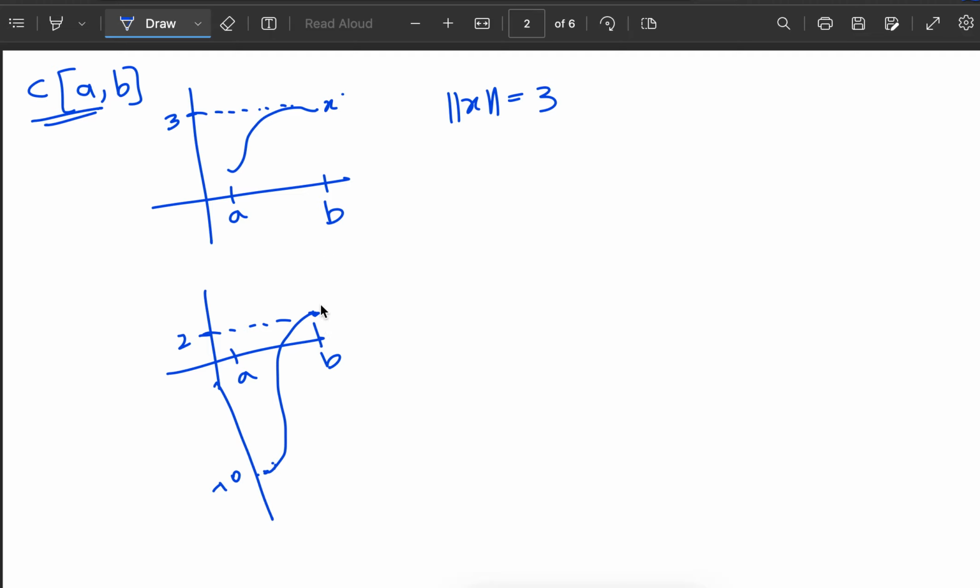Suppose this is a function y, so what will be norm y? Norm y is equal to maximum of mod y of t. We are taking modulus value, so this norm y will be equal to 10. Hope you understood the idea.